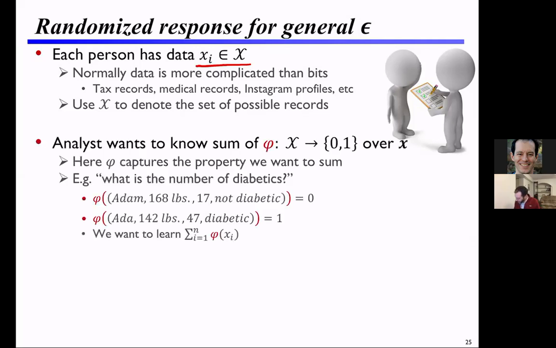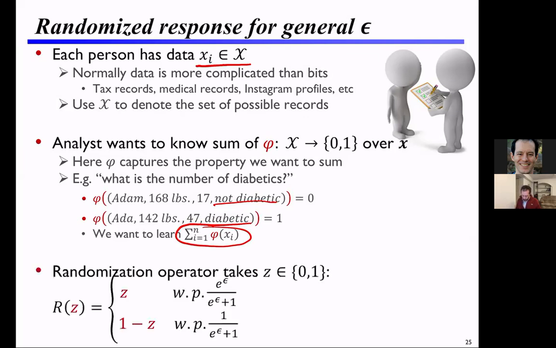The function phi will tell us for each possible record whether it counts as a 0 or it counts as a 1. For example, if I'm counting the number of diabetics in the data set, then I will map records that contain not diabetic to 0 and records that contain diabetic to 1. And so the thing we want to learn is the sum over the data set of this phi.